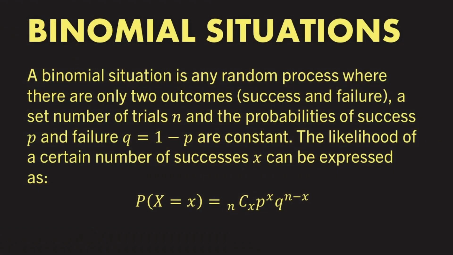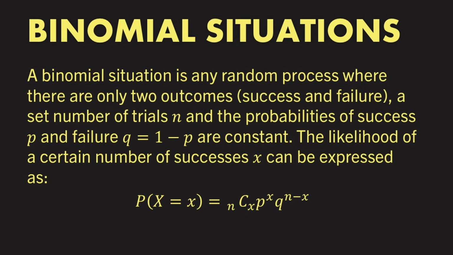In the last video of this series, we discussed how to calculate the probability of something binomial happening a certain amount of times. If you haven't seen that video yet, you can go back and see it. But we got to this formula.